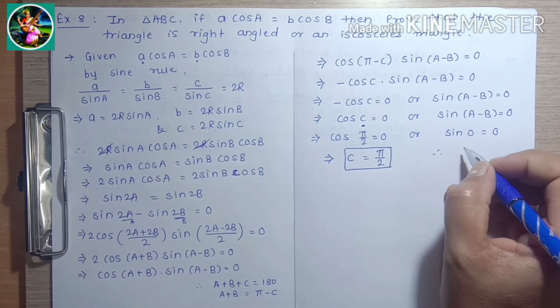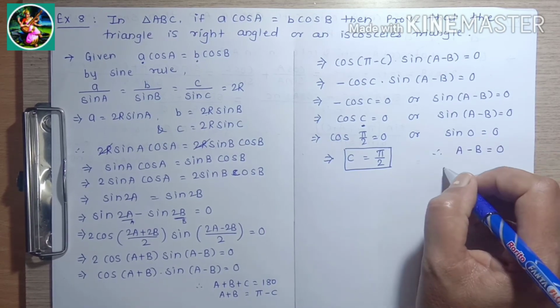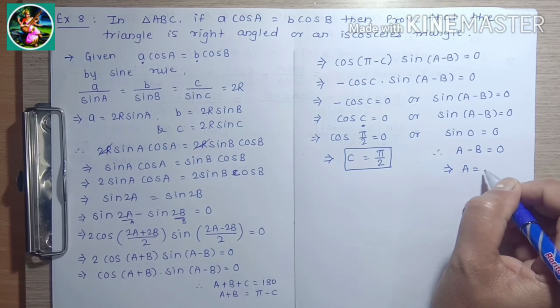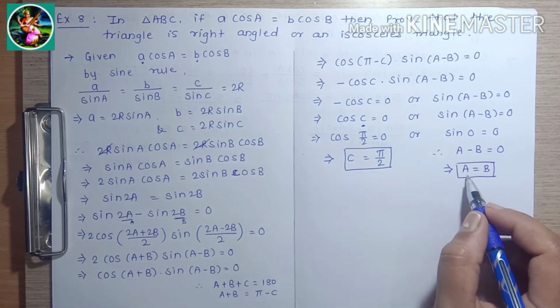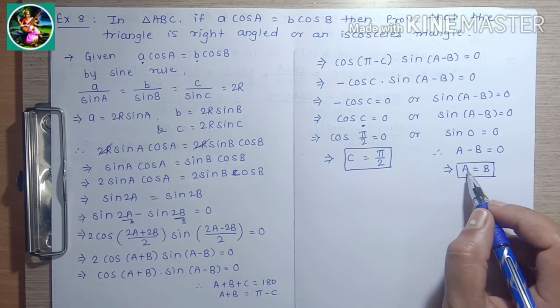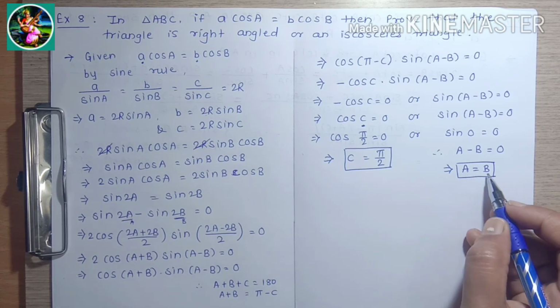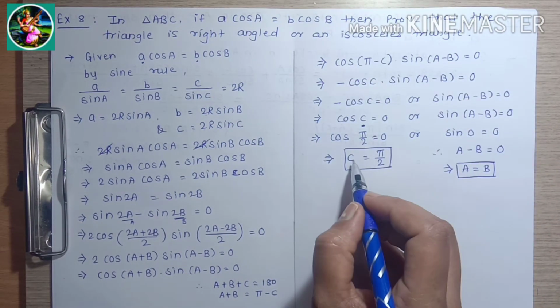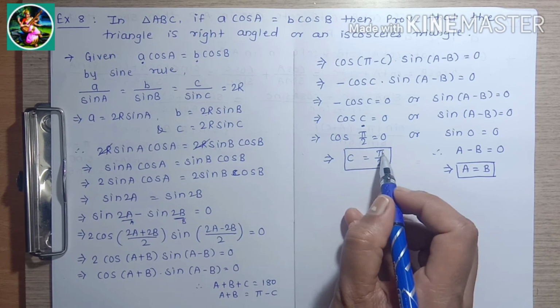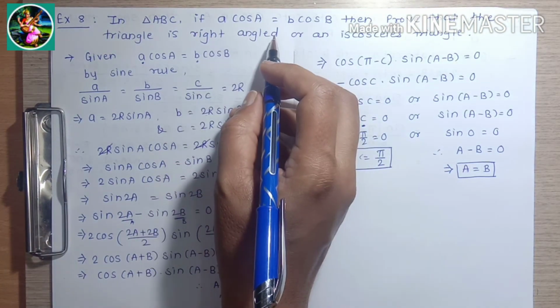Therefore, here we write A minus B is equal to 0 and it will give A is equal to B. A is equal to B means two angles are the same, and we know that if any two angles of a triangle are the same, then it is an isosceles triangle. Or here we proved that angle C is pi by 2. Therefore, it becomes a right angled triangle.